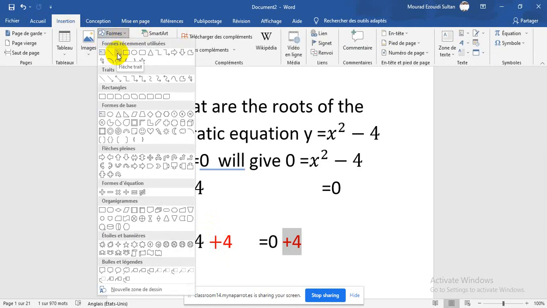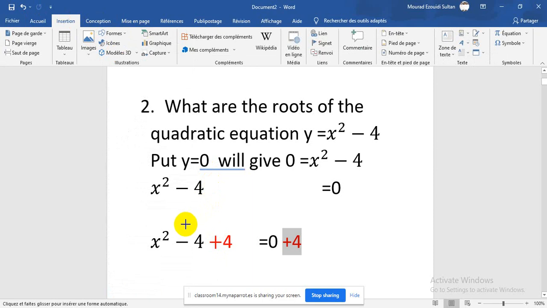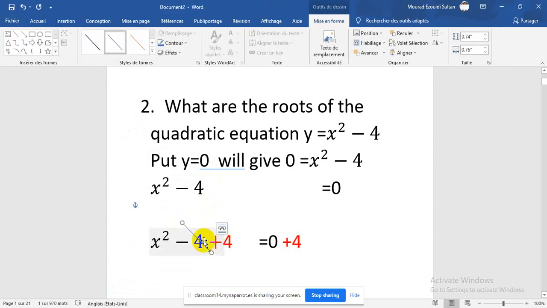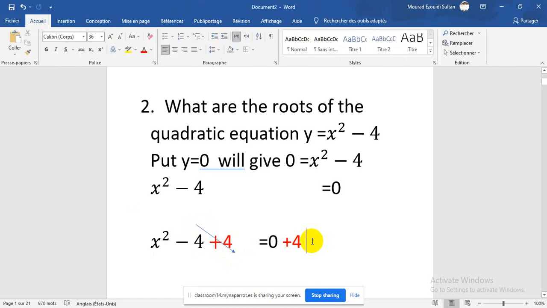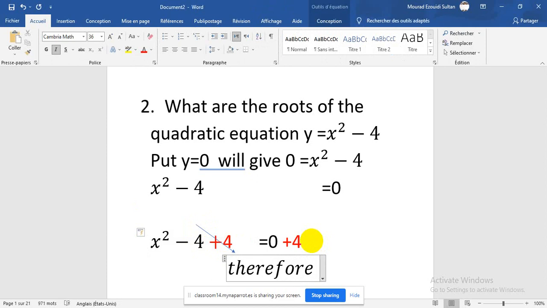Because negative 4 plus 4 is 0, therefore x squared should be equal to 4. Can you give two numbers that multiply together to give 4?